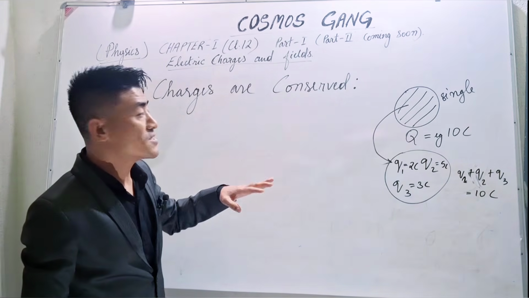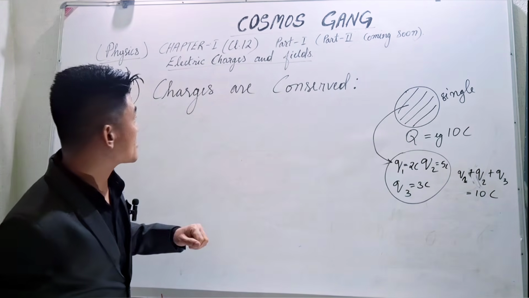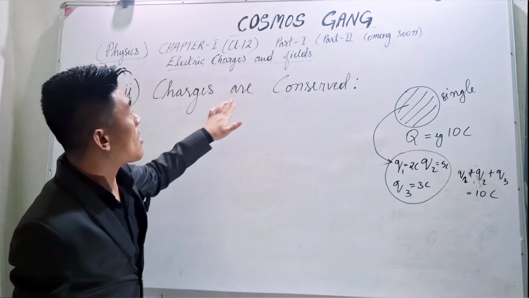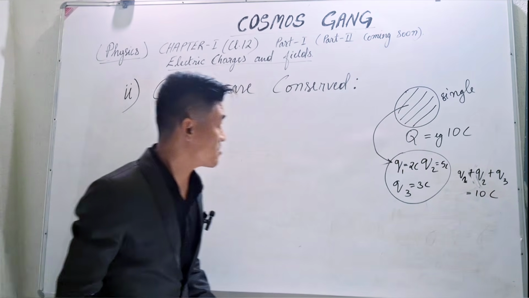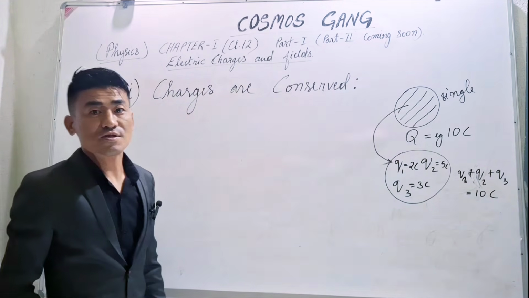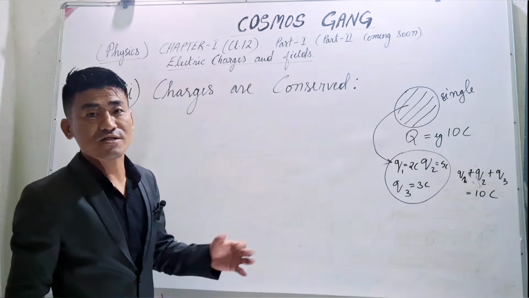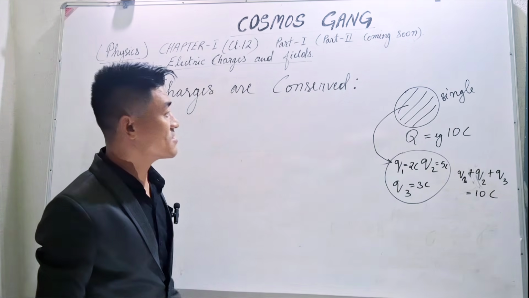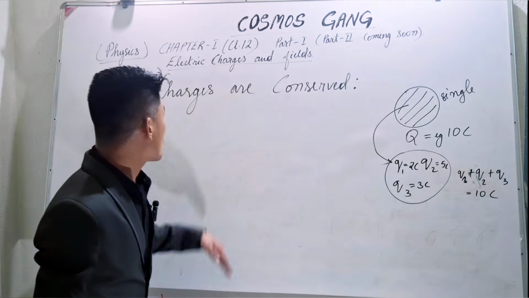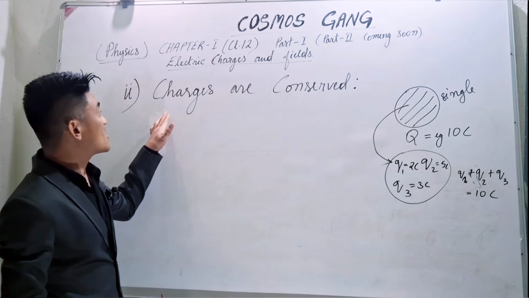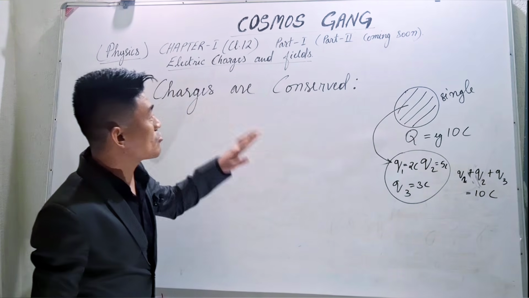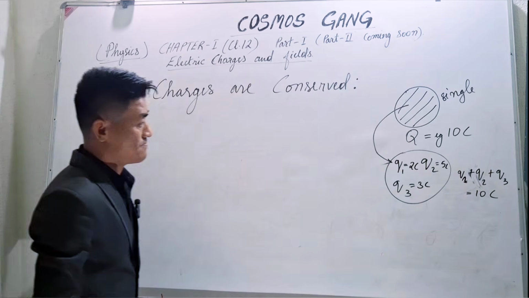So the charge remains the same, therefore charges are conserved by nature. In other words, charge can neither be created nor be destroyed in an isolated system. So this explains the second property: charges are conserved by nature.